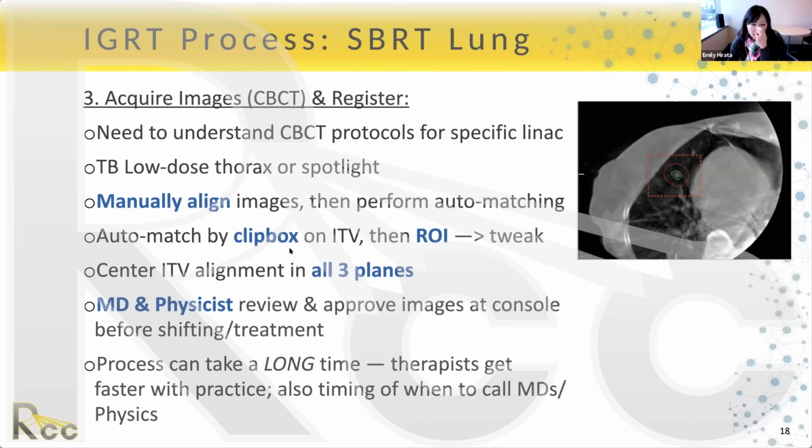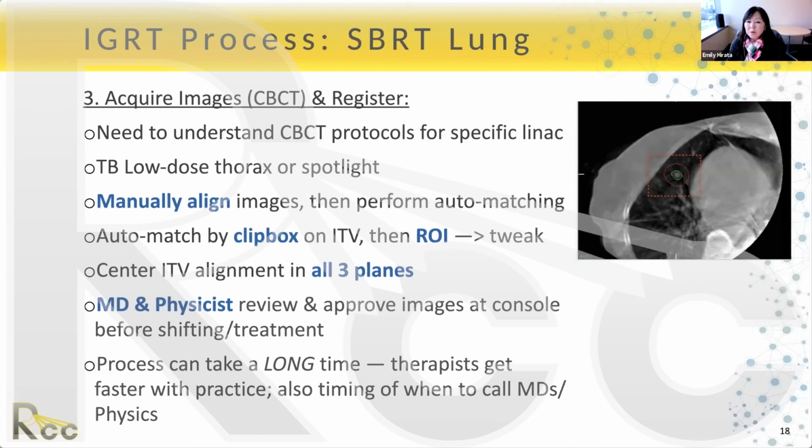Most LINACs have a clip box feature where you then can refine. So let me back up. We manually align the images. When we do the auto match, we will draw a clip box around the area of interest. That's where it's going to focus the auto matching. Once it does that, if you want, you can then do an ROI auto matching, which sometimes here we do.